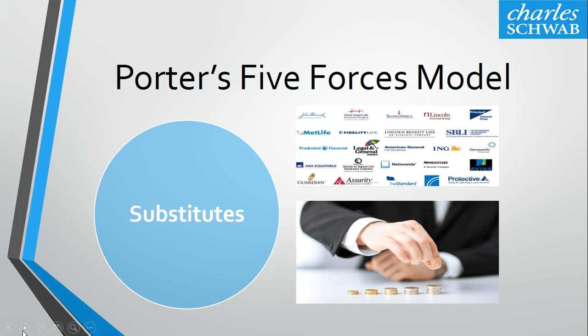Last of Porter's 5 forces model is the threat of substitute products. Charles Schwab primarily services consumers through wealth creation, wealth transfer, and wealth preservation. Wealth creation is challenging for Charles Schwab, as entrepreneurship is likely the best substitute for wealth creation.